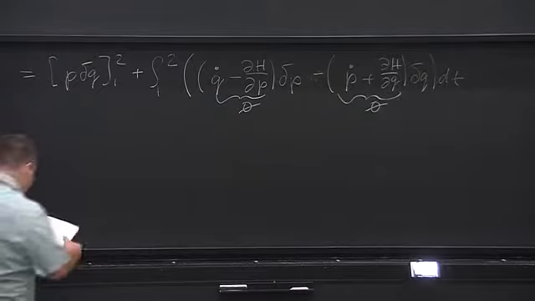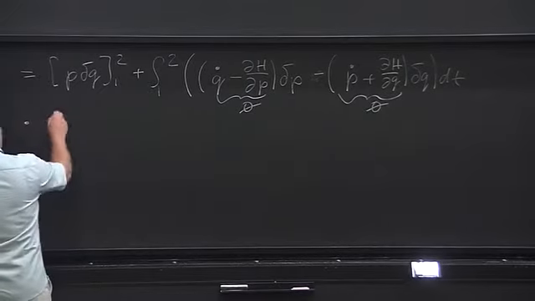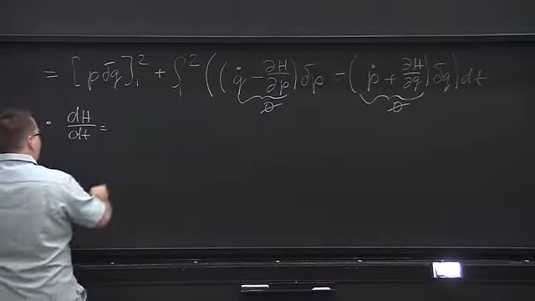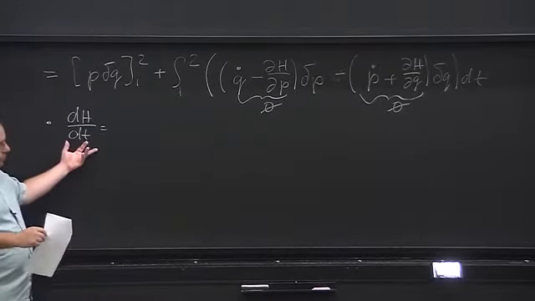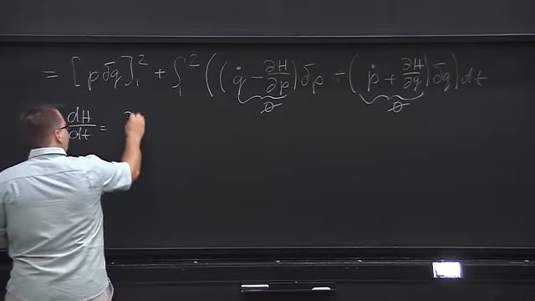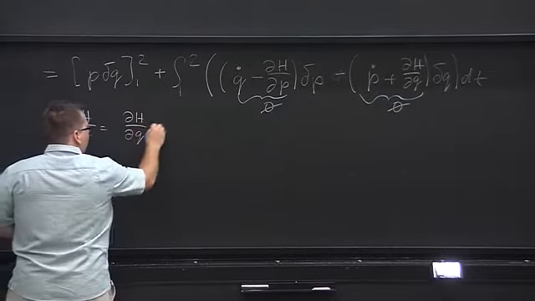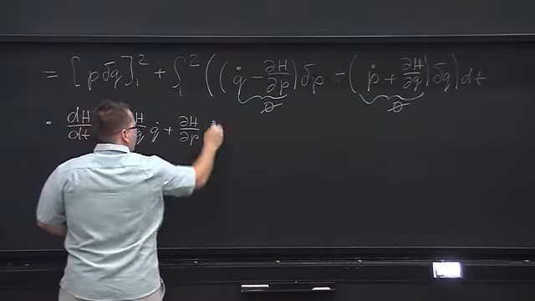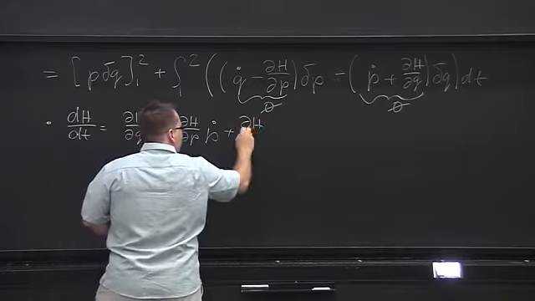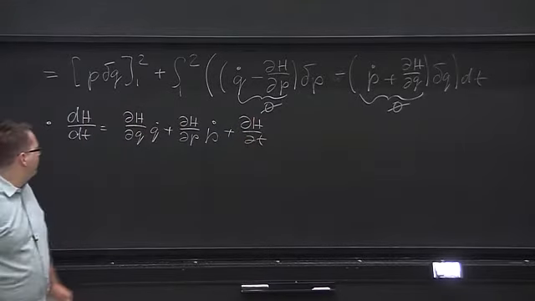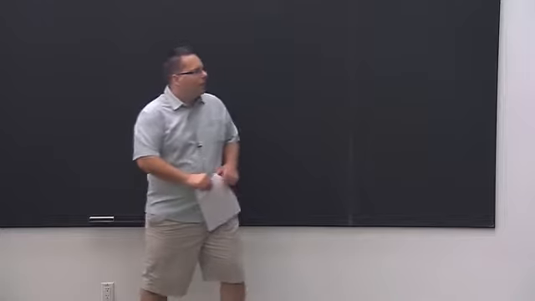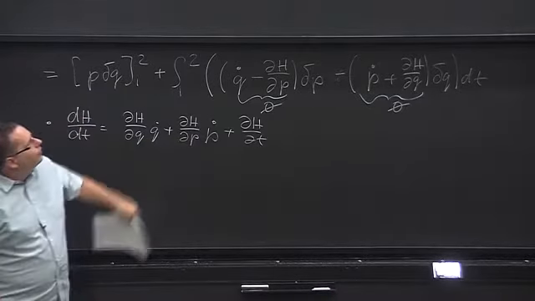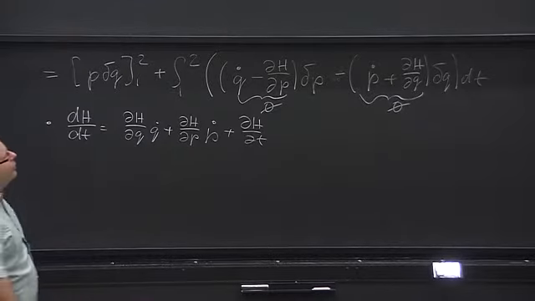So now, very good to your question. Notice that whatever dH over dt is, now I actually do the variation with respect to t. So it's dH over dq, q dot, plus dH over dp, p dot, plus dH over dt if I have explicit time dependence. All right. So now what you do is plug in for q dot from your Hamilton's equations.